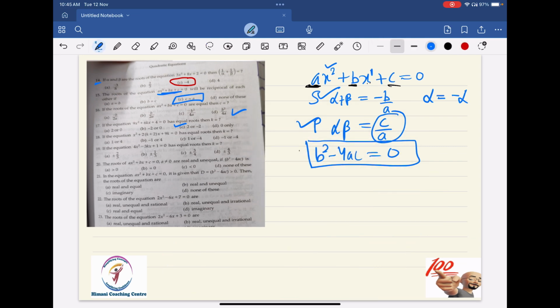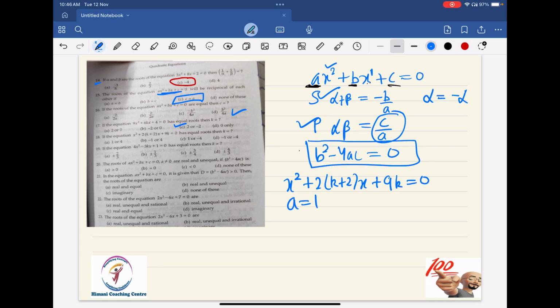Now let us look at the next question. Again, it's similar. It is saying if the equation x square plus 2(k plus 2)x plus 9k has equal roots, then we have to find the value of k. Let us write this down first. x square plus 2 times (k plus 2)x plus 9k, which is equal to 0.